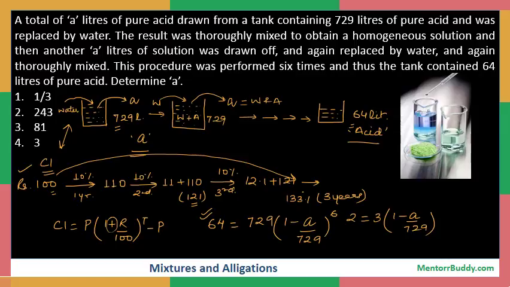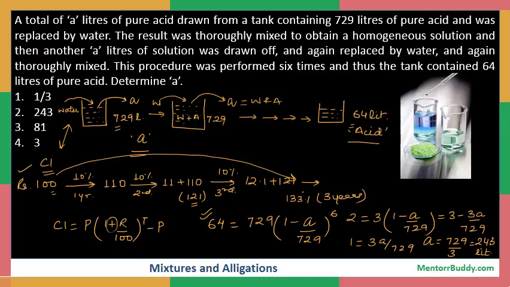In order to solve this equation, I can simply write it as 3 minus 3A by 729. When I do the reshuffling, I get 1 equal to 3A by 729, which gives me A equal to 729 by 3, which is equal to 243 liters.